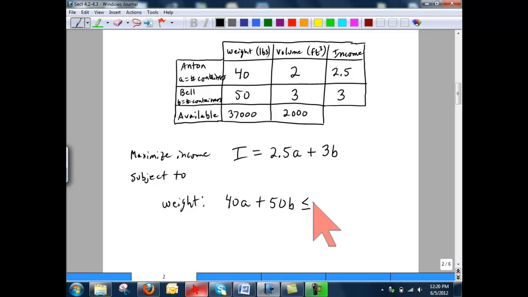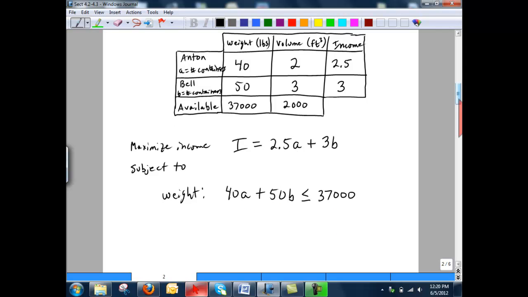That can't be any more than, so is less than or equal to 37,000. Notice that each term in this expression has a physical meaning. This is total weight of Anton containers shipped plus total weight of Bell containers shipped is less than or equal to 37,000. Each of the three terms in this inequality has units of pounds.